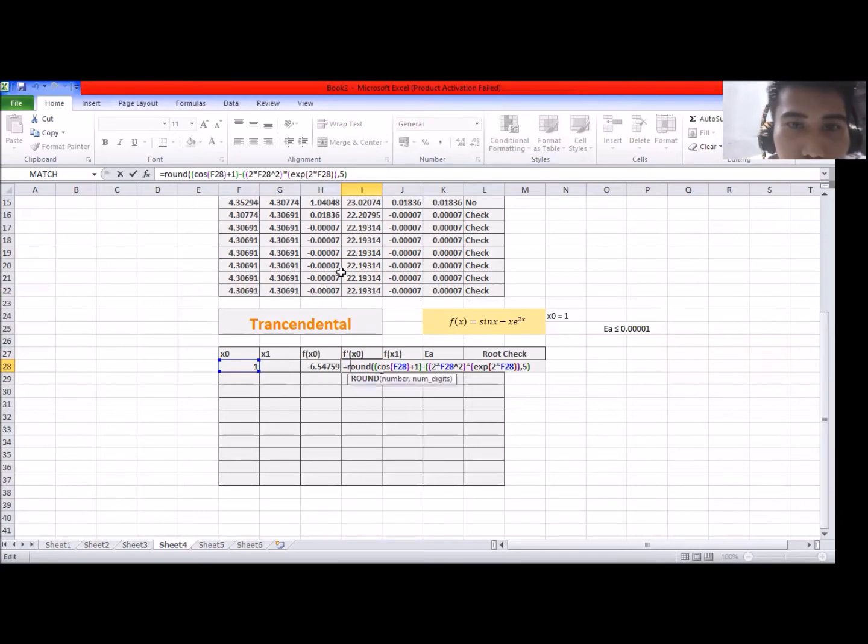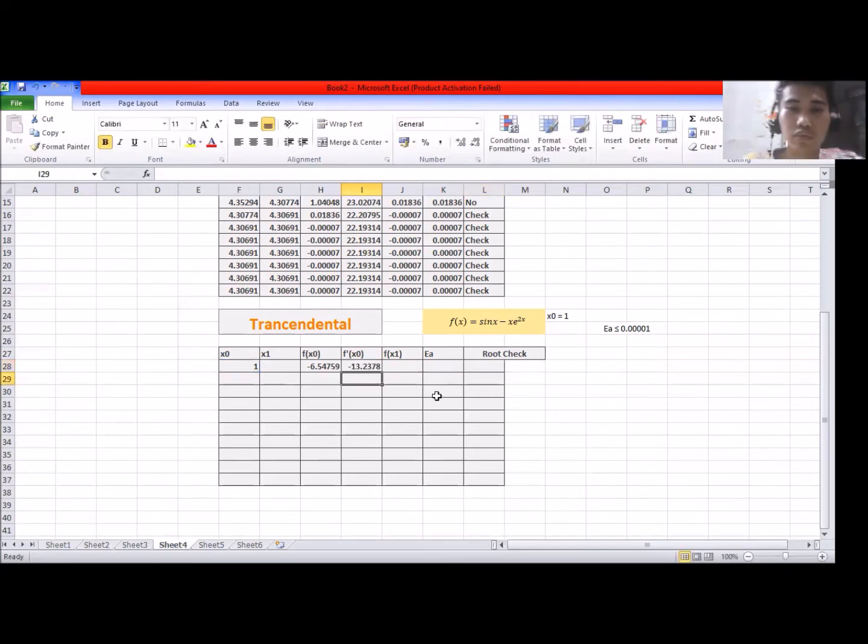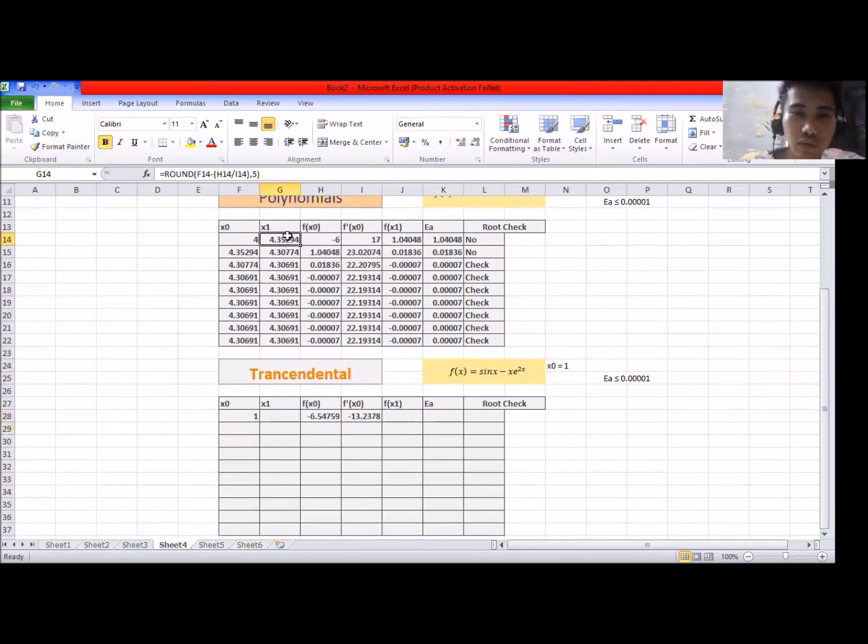So let's set it equal to the function. We have the functions here again, then copy the formula here, and we get the transcendental functions. Then copy the function right here, so we get negative 10.